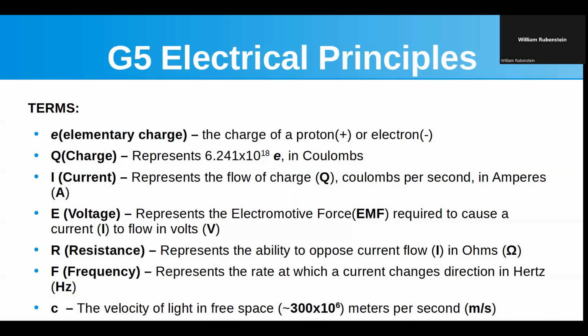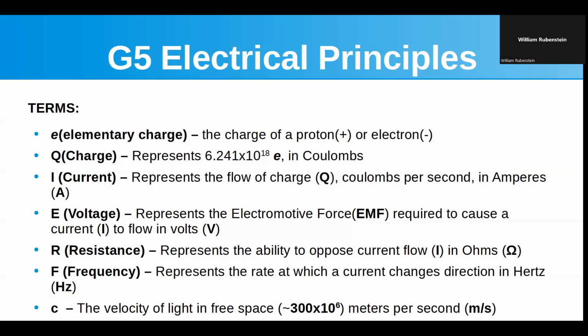The flow of that charge is what we call current. There are 6.24 times 10 to the 18th of those charges in 1 coulomb. A coulomb is the amount of charge stored at 1 volt at 1 amp per second. You don't necessarily need to know that.